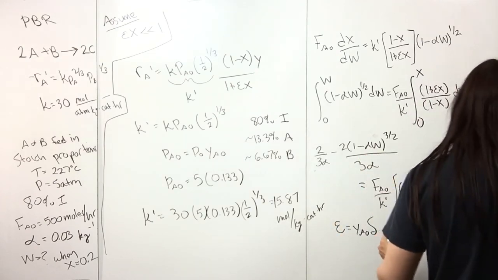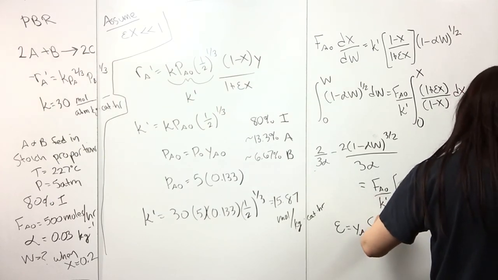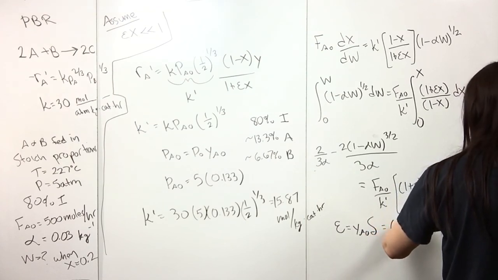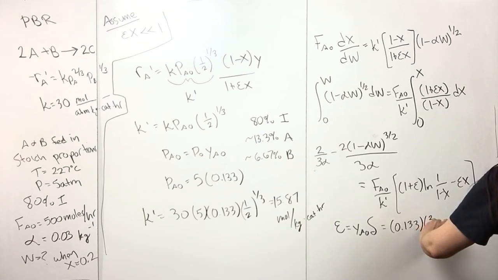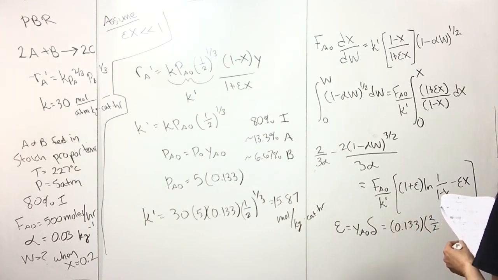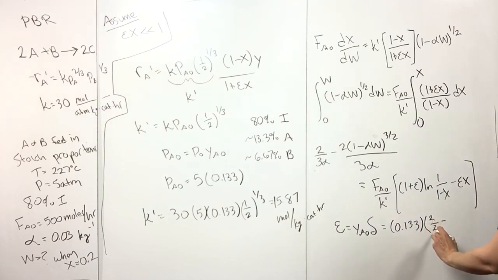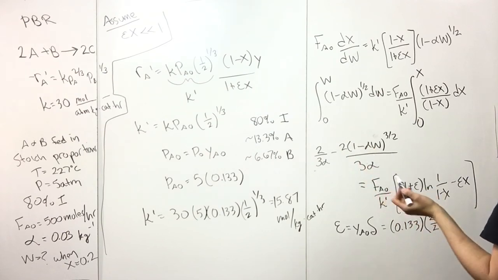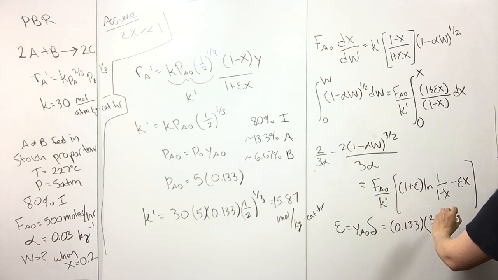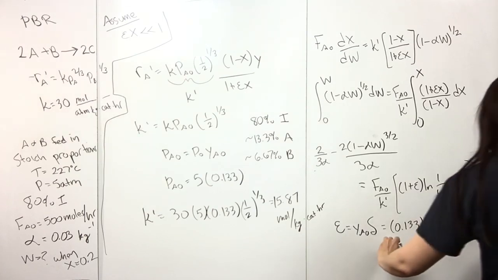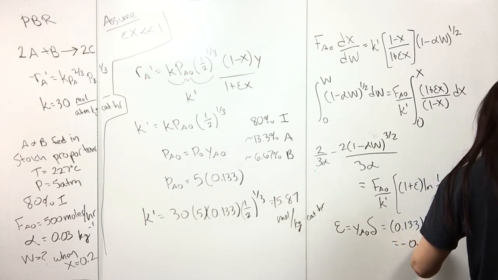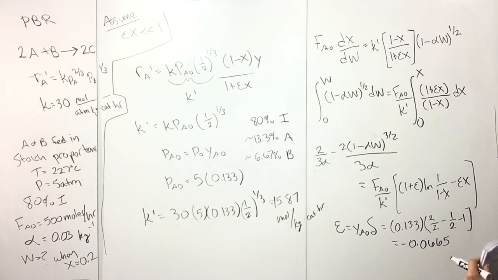Unless, of course, you just said that was 0, then your equation wouldn't have this, but just because mine does, then we know that YA naught is 0.133 multiplied by delta, which is 2 over 2, because A over A. No, sorry, this is C over A. So 2 over 2 minus B over A, so that's 1/2, minus 1. So that is equal to minus 0.0665.